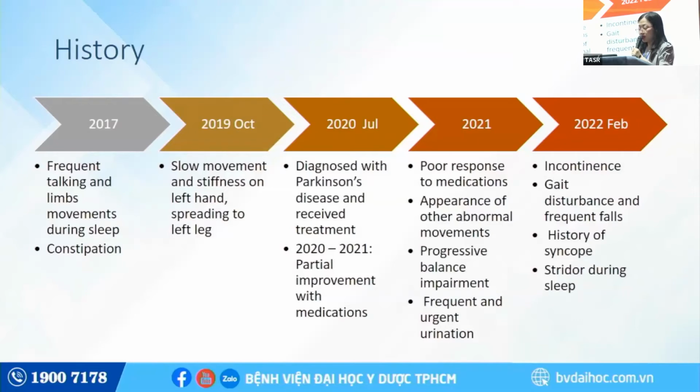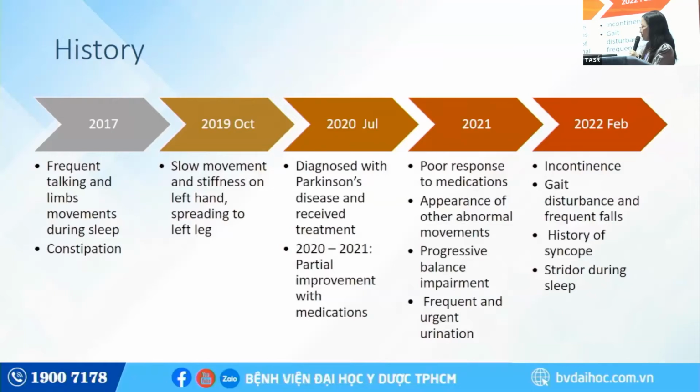At the beginning of this year, she started to have urinary incontinence, and the gait disturbance is so severe that she frequently falls, and her caregiver also reported several syncope attacks, and they also noticed stridor during her sleep.